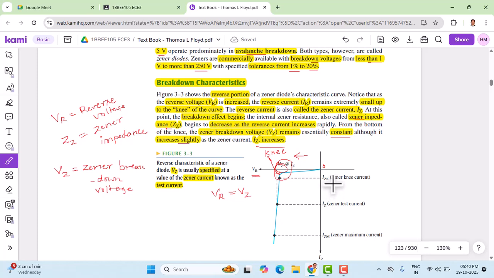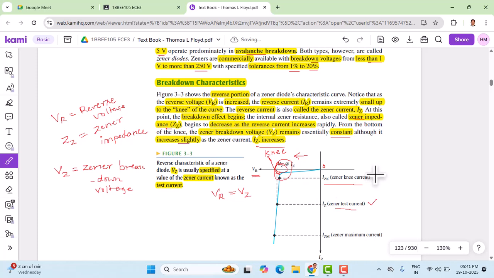There are certain levels we need to observe here. IZK is already labeled as the Zener knee current: IZ represents Zener current and K indicates the knee. The other one is the moderate current IZ, called the Zener test current. This is the normal level of operation.